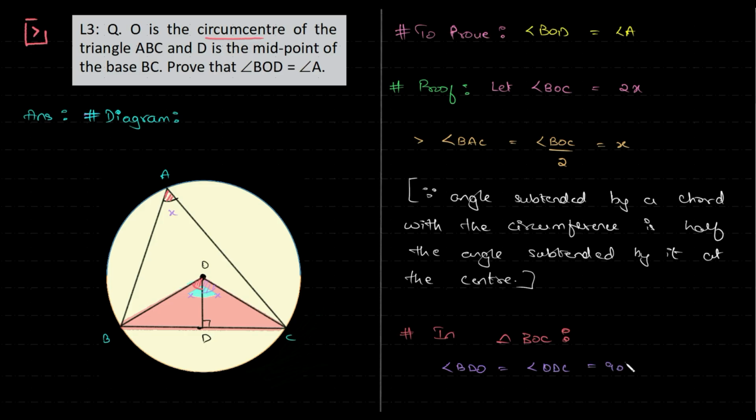Both are equal to 90 degrees. Why? D is the midpoint. Okay, so that will be a lengthy answer actually. Let me not do this. That is perpendicular, but let me not go to that. So let's not make it complicated.